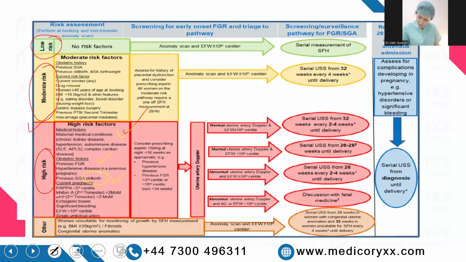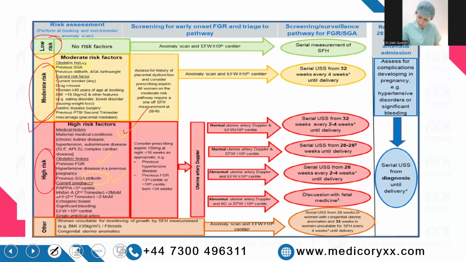Previous SGA with stillbirth. Write it down, because then you have to differentiate it from moderate risk factors: previous SGA only is a moderate risk factor, but when it converts with a stillbirth, it will be labeled as high risk.